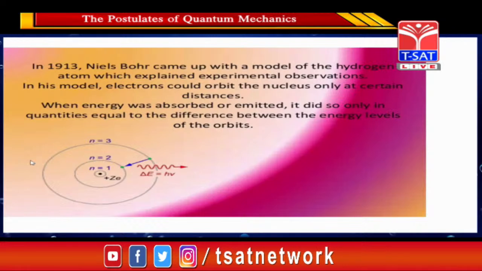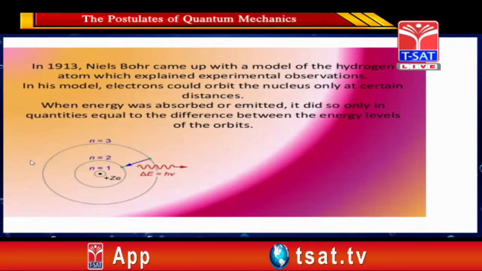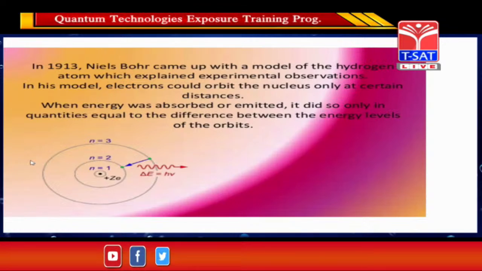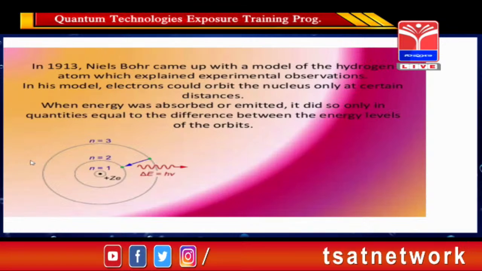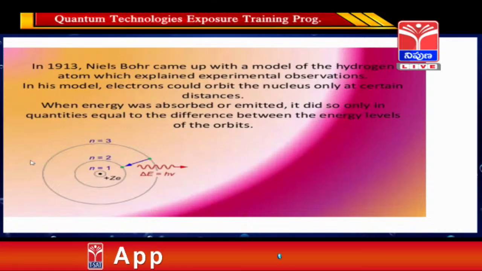Niels Bohr explained the stability of the hydrogen atom. So what is the stability? The Rutherford model was that the nucleus consists of all the positive charges, that is protons, and the masses, that is protons and neutrons, and electrons are revolving around them.